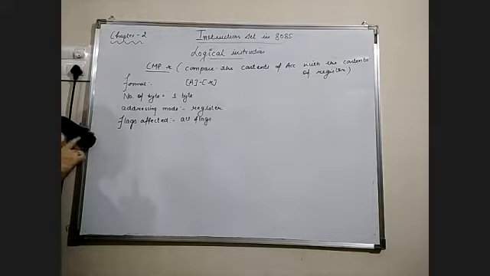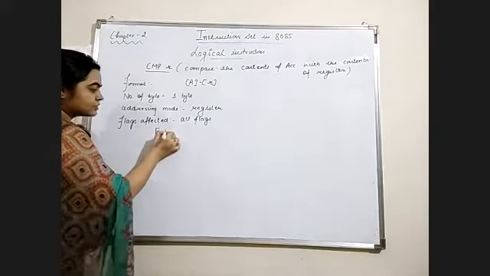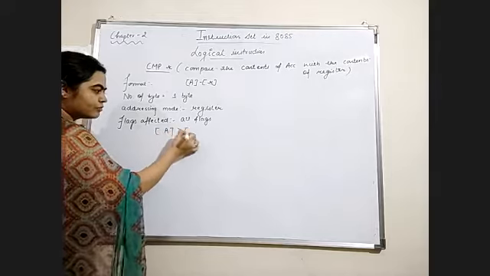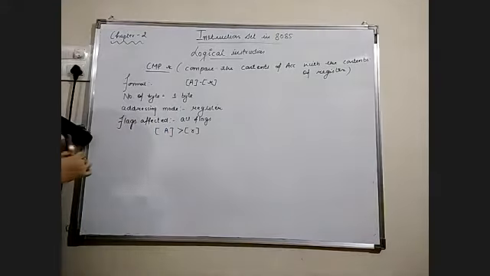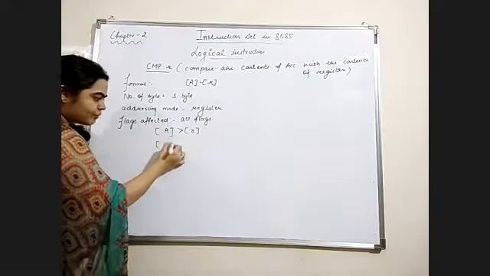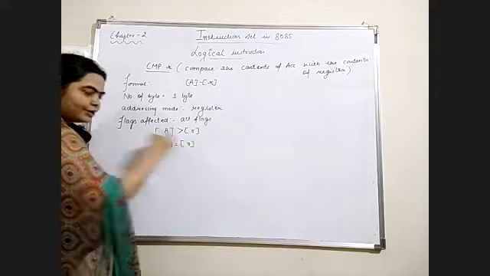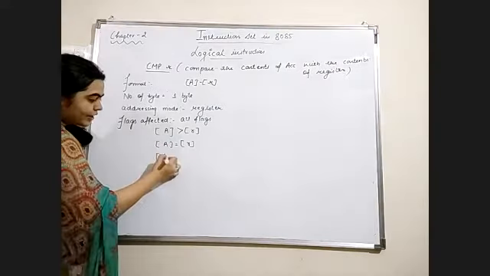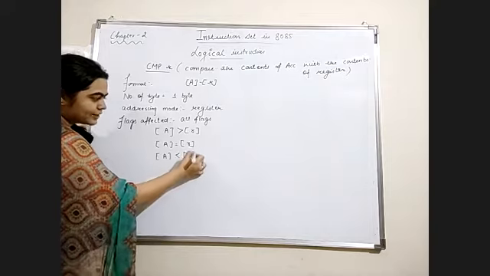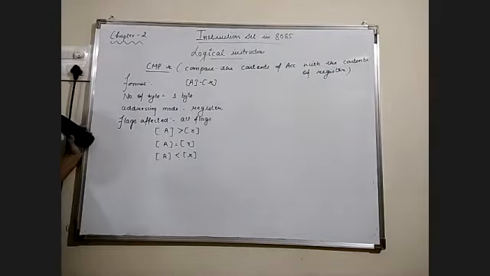Now, while we are comparing the contents of the accumulator with the contents of the register, we have three types of comparison. Either the value of the accumulator will be greater than the value of the register, or equal to the value of the register, or less than the value of the register.